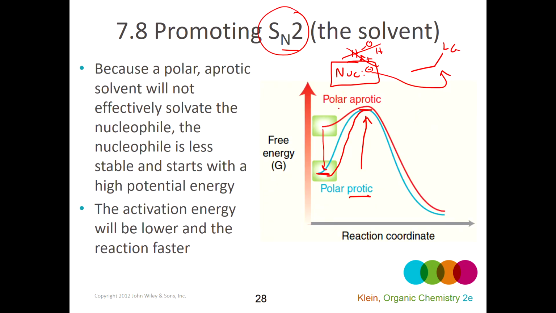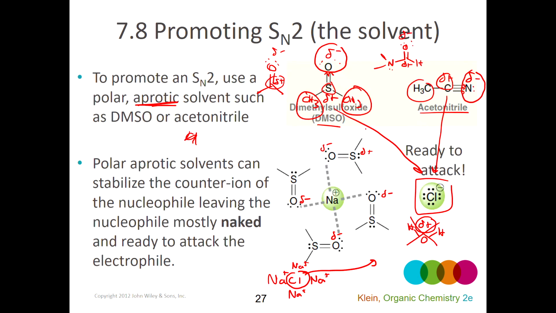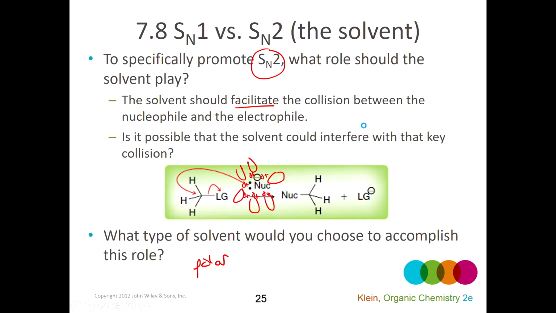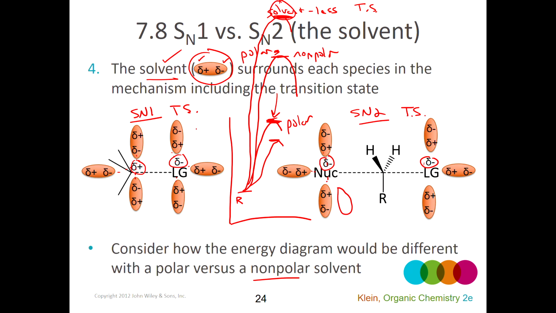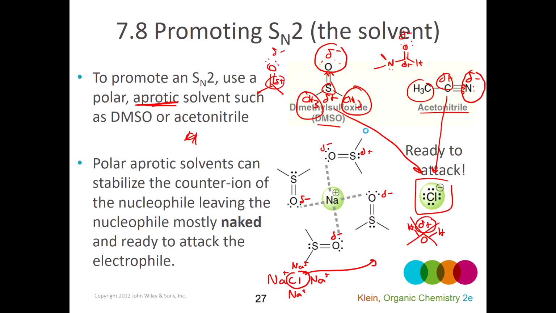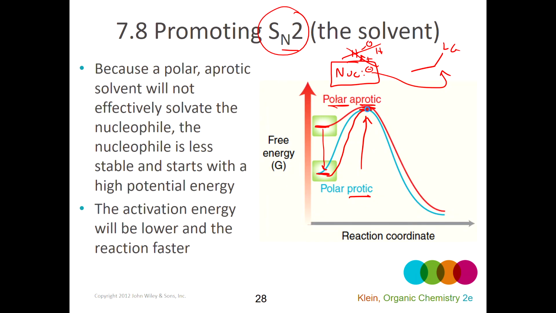So with the polar aprotic solvent, it doesn't stabilize the nucleophile very well, but it does stabilize the transition state pretty decently, because as we said, during the transition state, it doesn't have to be protic or aprotic. As long as it's polar, it can stabilize these transition states.